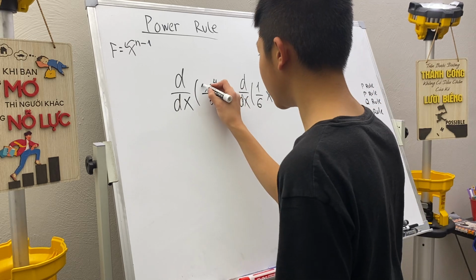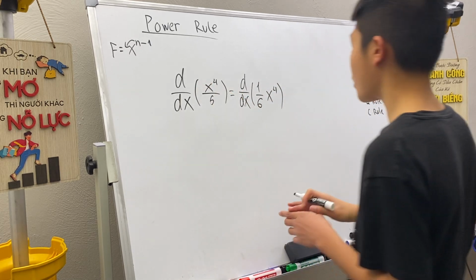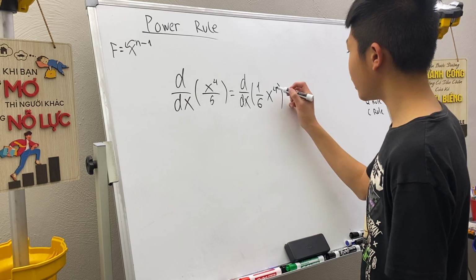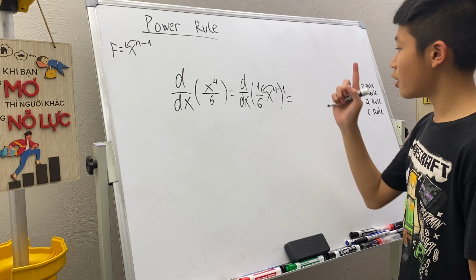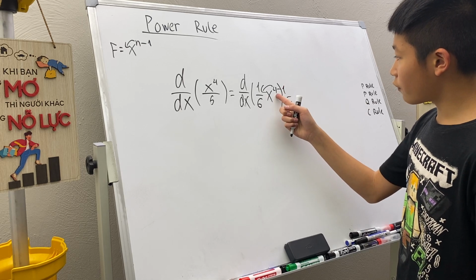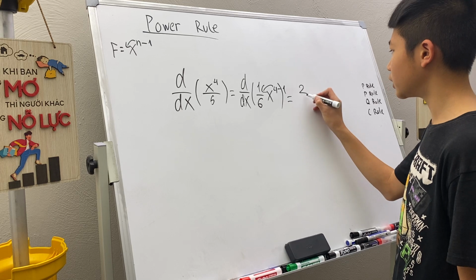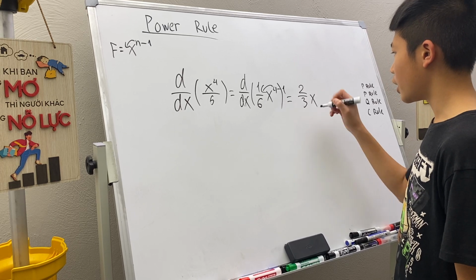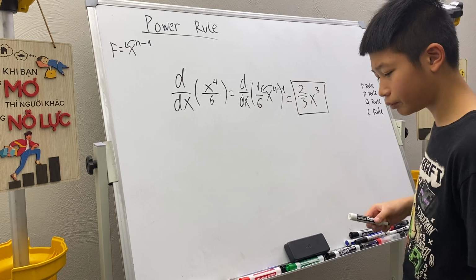Or you can imagine this is 1, like this, and 1/6 times it. But still, it's easy, right? Bring the power to the front, minus 1, you get what? 4 times this, you get 2/3, I guess. Yeah, 2/3 x to the 3rd power. And we are done.